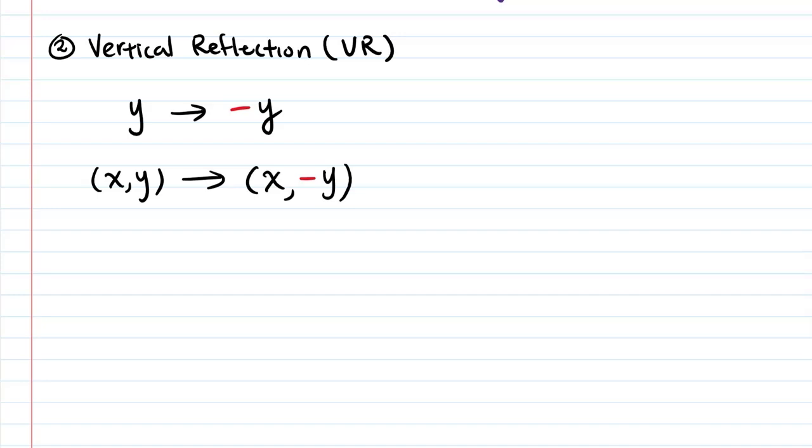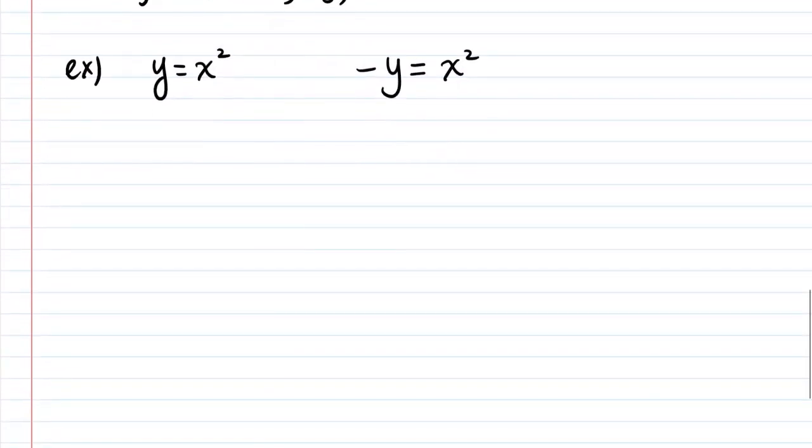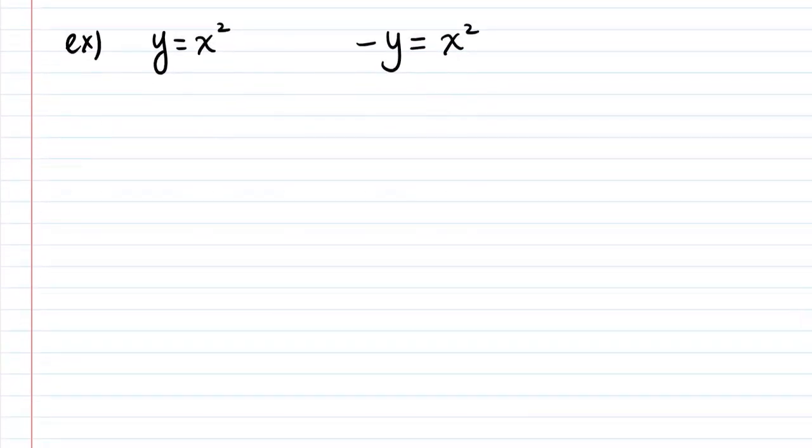Okay, so let's use an example for vertical reflection. Here are the two functions that we're going to compare. y is equal to x squared, and we're going to take a look at negative y equals x squared. As you can see, there's no change to the x variable, but there is a change to the y variable.